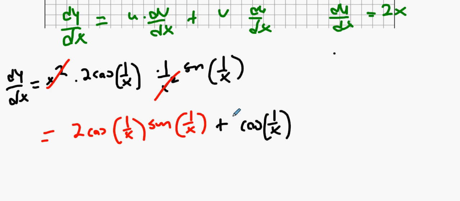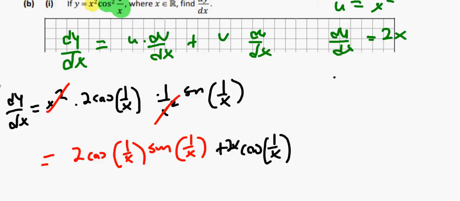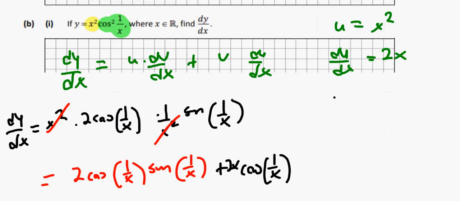So 2x cos 1 over x, okay? And yeah, I'd be pretty happy with that. Oh, and we forgot, v is actually cos squared 1 over x. Okay, so 2x cos squared 1 over x, right? And that's full marks so far.